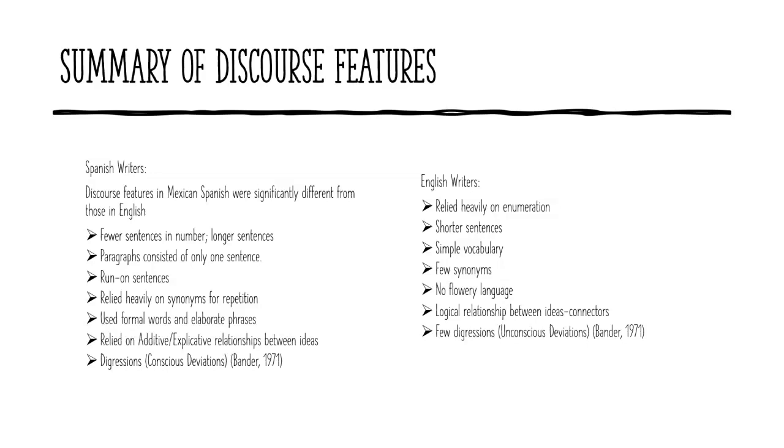The English writers had logical relationships between ideas, and they used connectors. They had few digressions compared to the Spanish writers, who had a lot of digressions. So I found this summary of the discourse features in line with what I see with my Spanish writers.